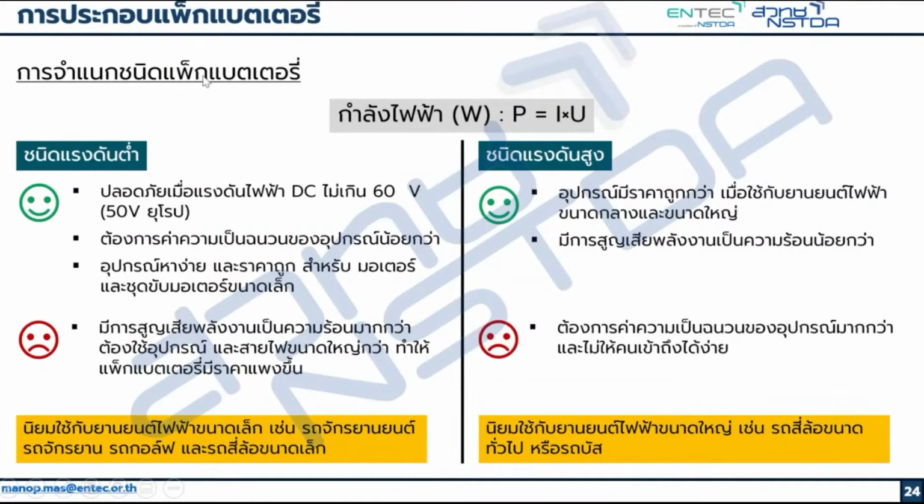The type of battery pack: if we talk about the same power, low voltage and high voltage, what does it mean? If we choose the low voltage, we need to use high current to propel.